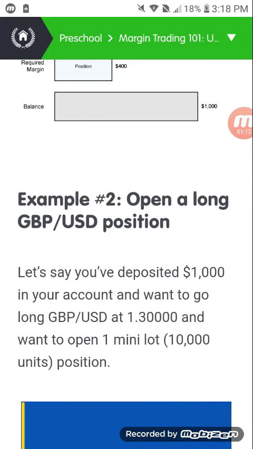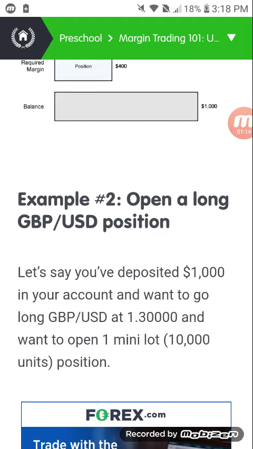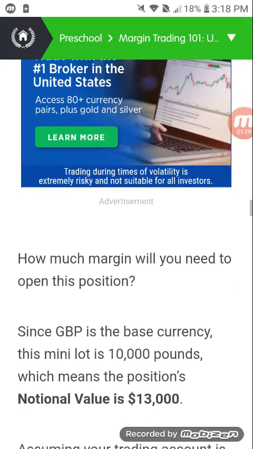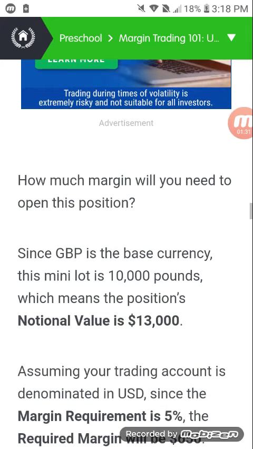Let's look at another example. Open a long GBPUSD position. Let's say that you deposit 1,000 into your account and you want to go long GBPUSD at 1.3 thousand, and you want to open one mini lot of 10,000 units position. How much margin will be needed to open this position?